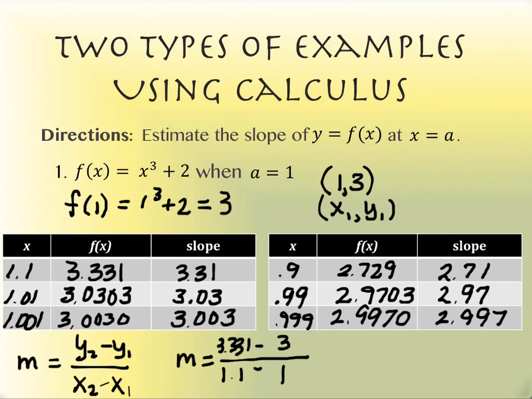I'm not terribly concerned about it, because the whole point is for you to notice what happens as you move down these tables in the slope column. What value do both of those slopes get close to? 3. And in fact, they're getting so close that some of your calculators, when we rounded things off a little too early, are actually telling you it is 3, aren't they? So what we're going to actually say is that the slope is approximately, because we didn't prove anything.